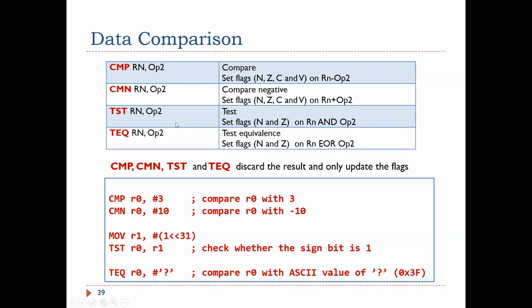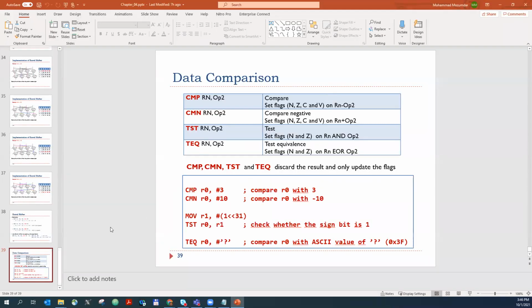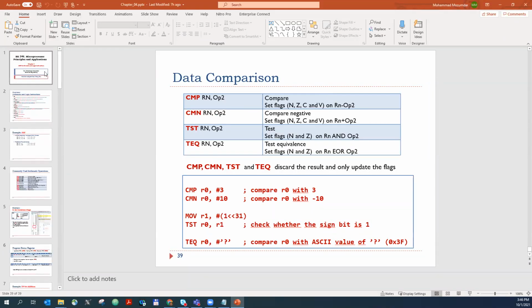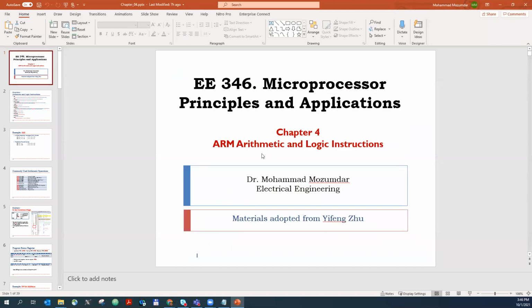As I said, the only operation that we are going to use most frequently is CMP, which does a subtraction Rn minus operand 2 and uses the result to set these 4 flags. Okay, so I think we are done with the ALU arithmetic and logic instructions.